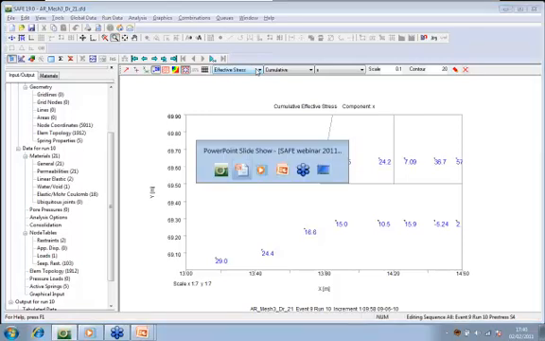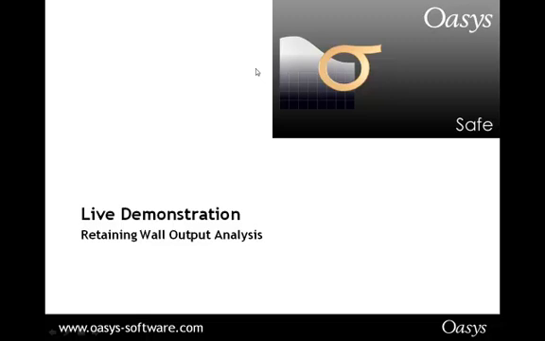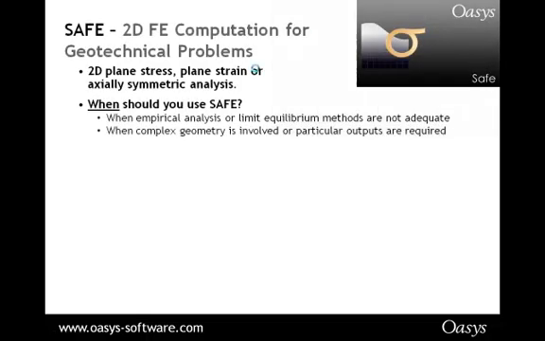So I'm just going to go back now to my PowerPoint presentation, and I think that's given you a good overview of what SAFE can do through some case studies. I'm just coming to my final slide now. So I've touched upon finite element methods in geotechnics, and that really gives you a good basis as to when you should use a program like SAFE.